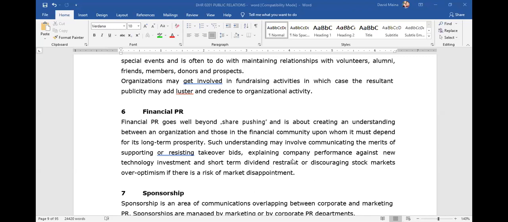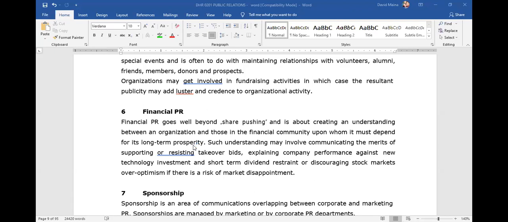Like you can see here, let me read for you. We are saying that financial PR goes well beyond share pushing and is about creating an understanding between an organization and those in the financial community, upon whom it must depend for its long-term prosperity.